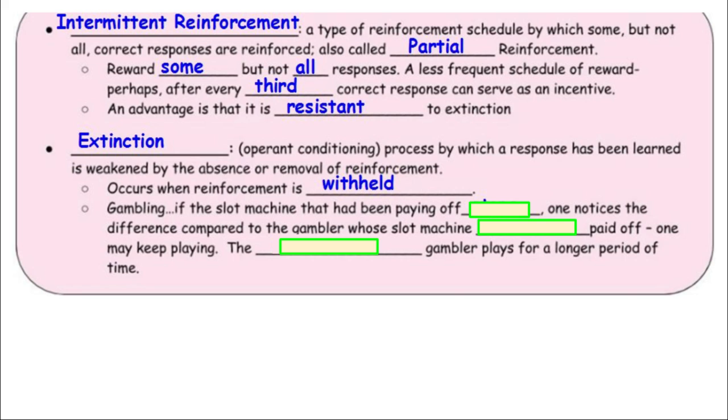If the slot machine had been paying off and stops, one notices the difference compared to a gambler whose slot machine never paid off and may keep playing and playing and playing. The rewarded gambler forgets for a longer period of time, or plays for a longer period of time.